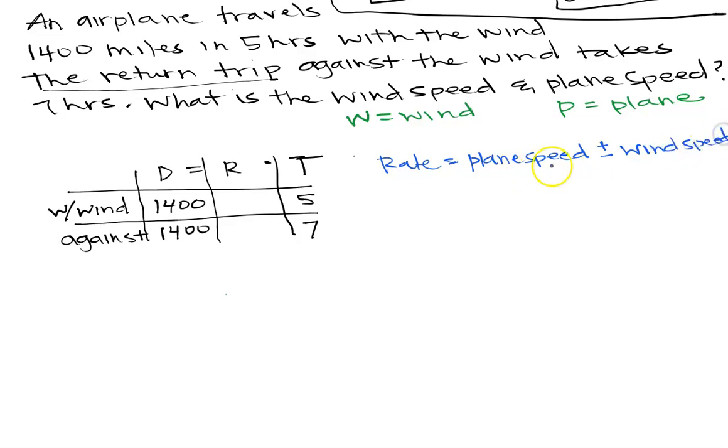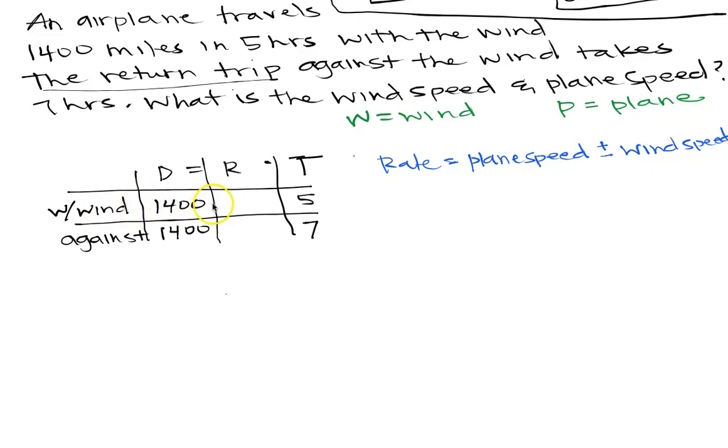If the plane is going with the wind, it's pushing the plane faster, whereas going against the wind, we use that minus because that's slowing it down. You've got to know that it's the plane speed and the wind speed that we're looking for.